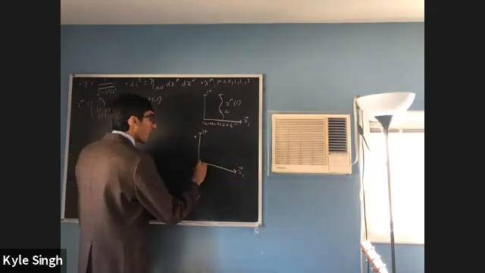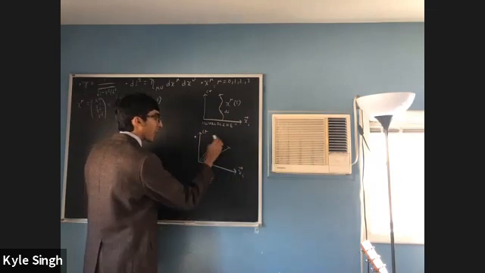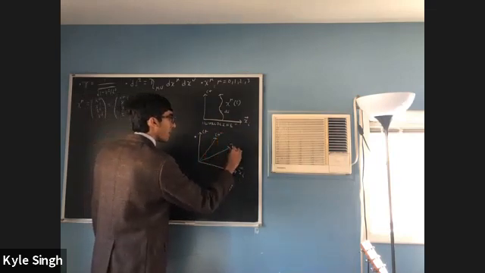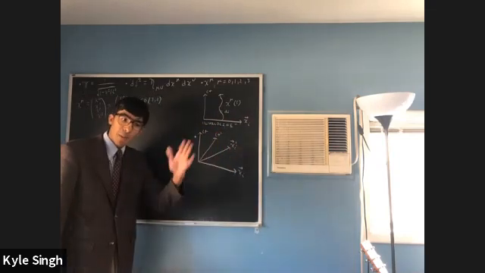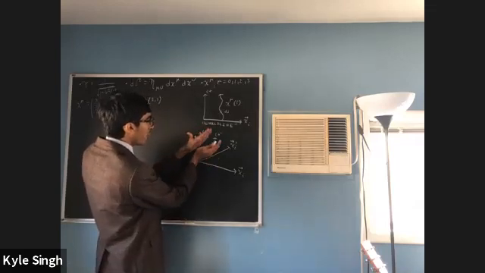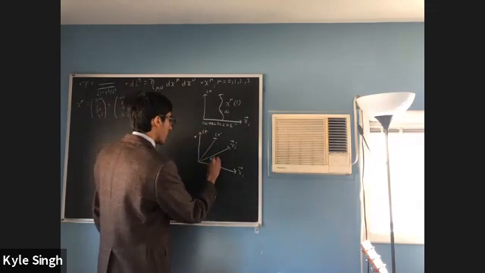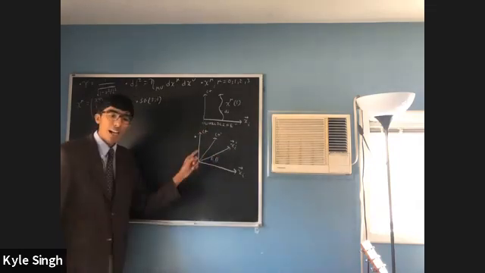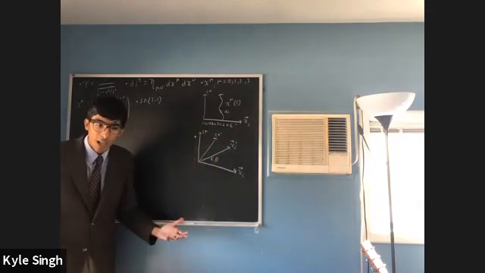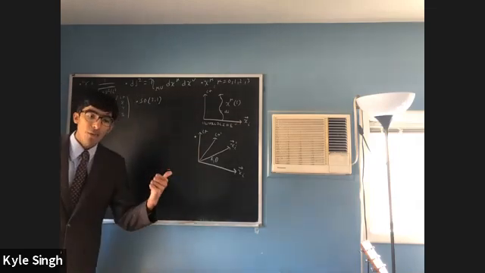A boost is just when my coordinates change and my axes shrink. So this would be ct prime, this would be x_i prime. And we saw this last time, the hyperbolic transformation. That's a boost. And depending on where the coordinates move, the axes would move closer together or further apart by some angle theta. We wrote out the equations last time. So that's one kind of Lorentz transformation.